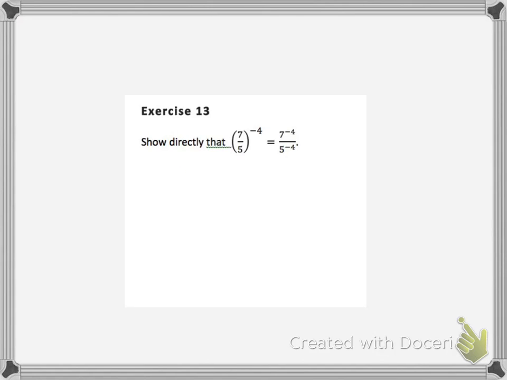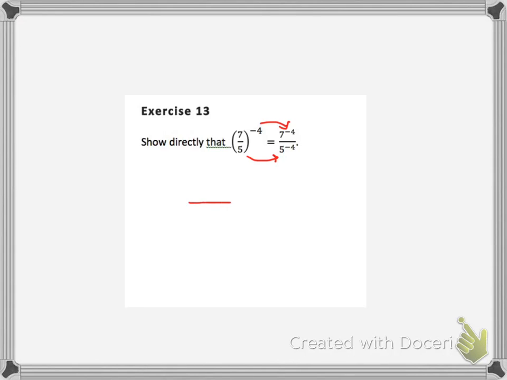For exercise 13, we have that sharing of the exponent of negative 4 being shared with the numerator and the denominator. And then we want to rewrite that. So when we have that negative exponent, we can put it in the reciprocal.